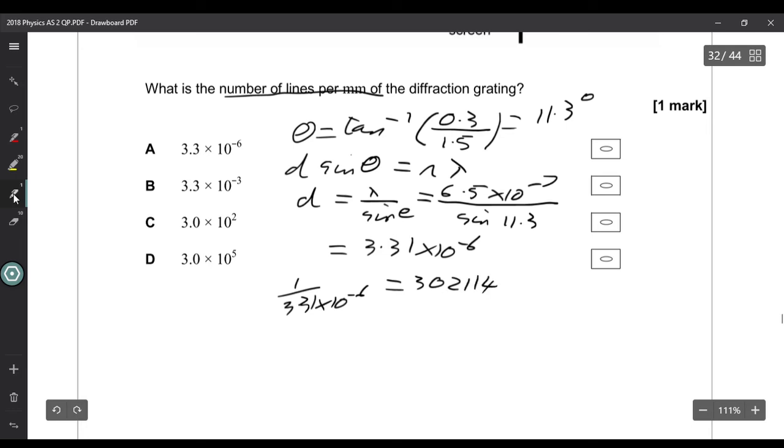But this is the number of lines per meter, and we want the number of lines per millimeter, so we need to divide that by 1,000, which gives us 3 times 10 to the 2 to one significant figure. So the answer for this one is going to be C.